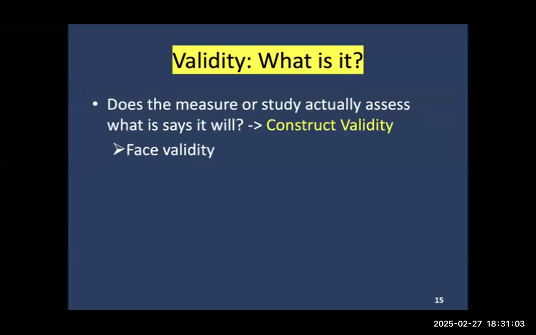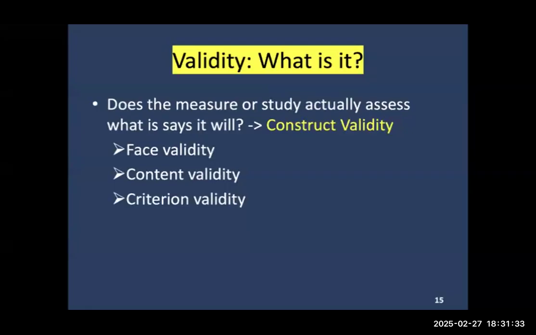Face validity is just, it seems like the questions make sense in asking about happiness. Content validity, on the other hand, means that you are looking at all the different aspects of happiness and making sure that it's included. And then we have criterion validity, and that has to do with empirical support for what you are doing. So these are different types of construct validity.